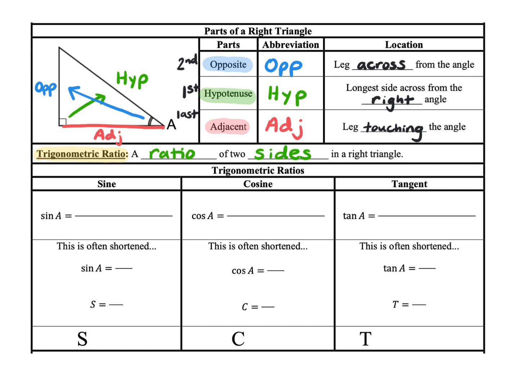The first is the sine. So if I go up to my picture here, I'm focusing in on angle A. And the sine of angle A is defined as the opposite leg divided by the hypotenuse.